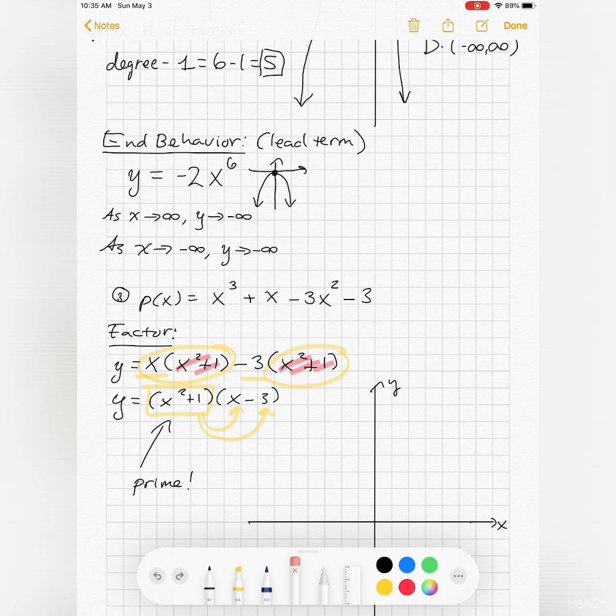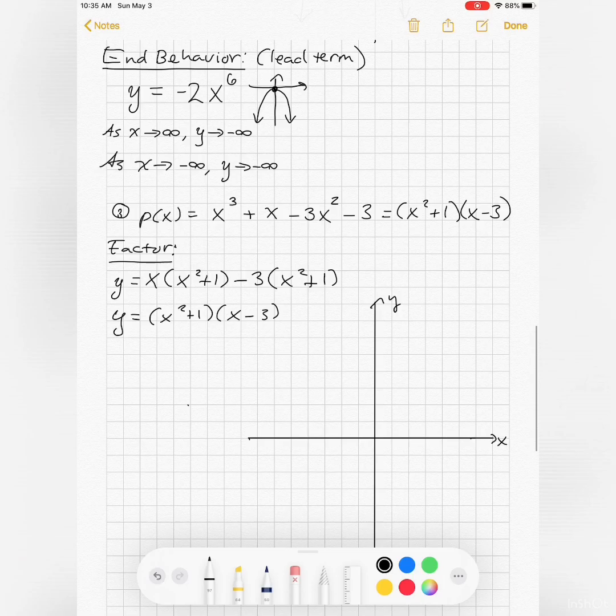Anyway, that's the factorization of the polynomial. So then maybe I'll put that up here. Now I have both versions.